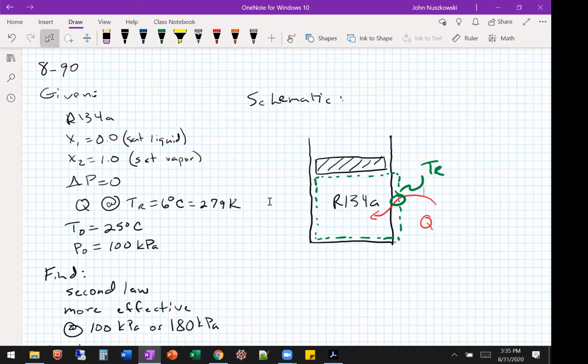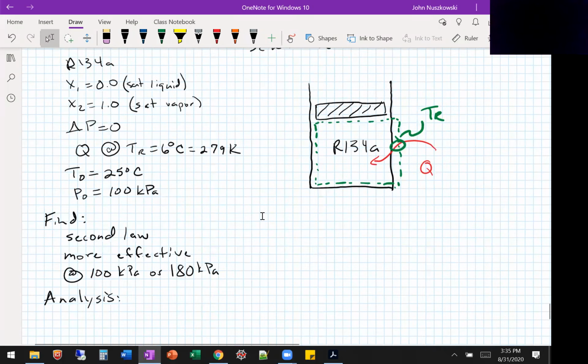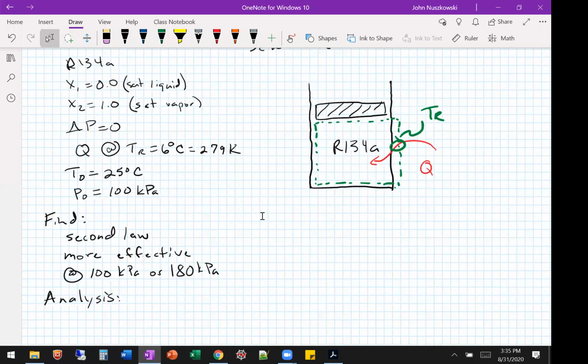What variable are we trying to solve for? If it's second law, we need work reversible and work useful. So looking at the two works for effectiveness, that might work.